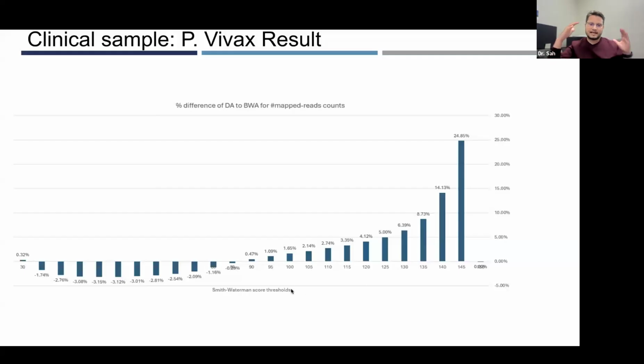So, let's say for 100, if you want to consider 100 as the best match, of course 100 is the best match, right? But in different tools, that value is different. In BWA, they consider even a 30% match as a proper match.